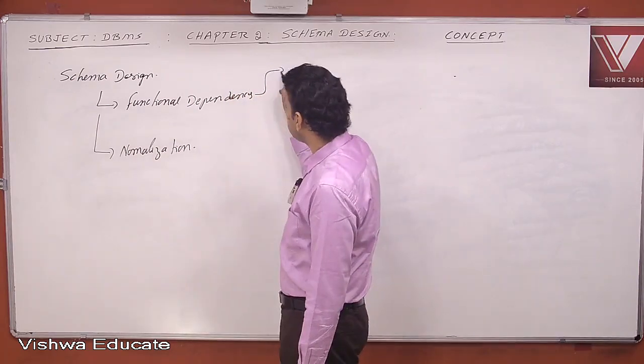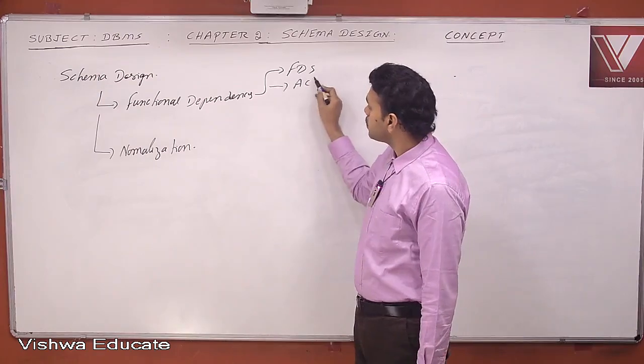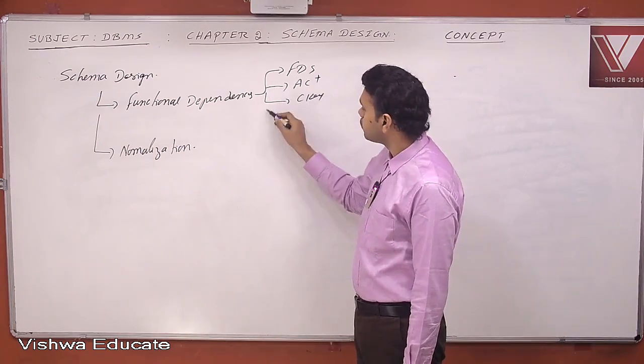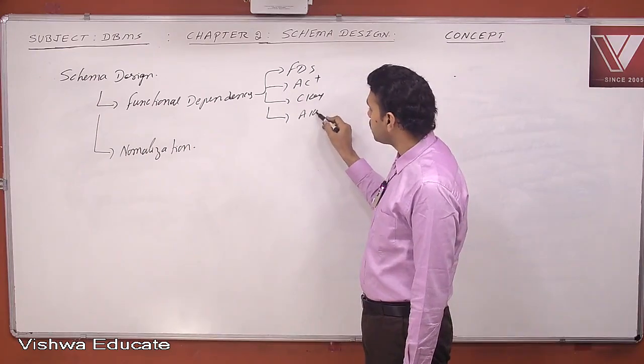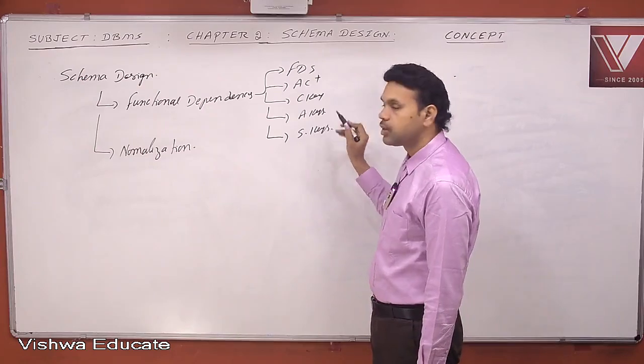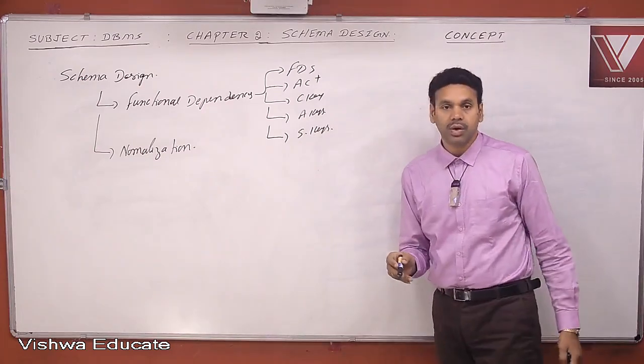In this we discussed FDs, attribute closures, candidate keys, alternate keys and super keys. Now we will discuss normalization. Okay.